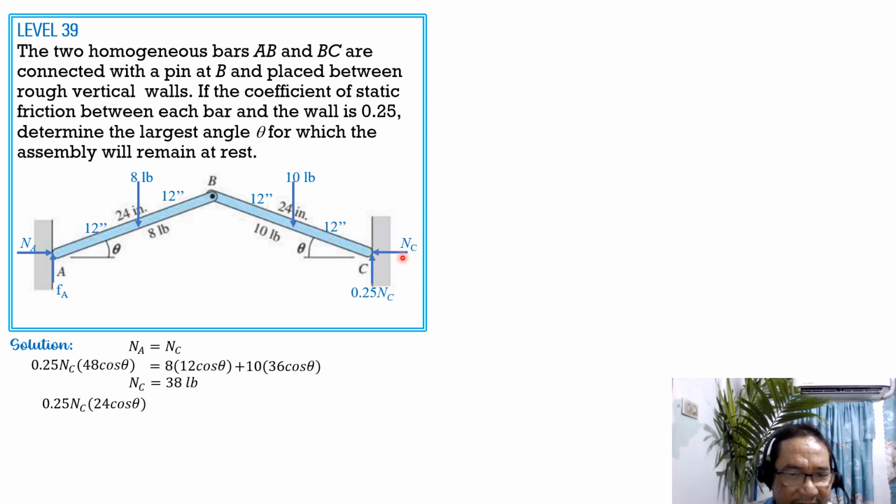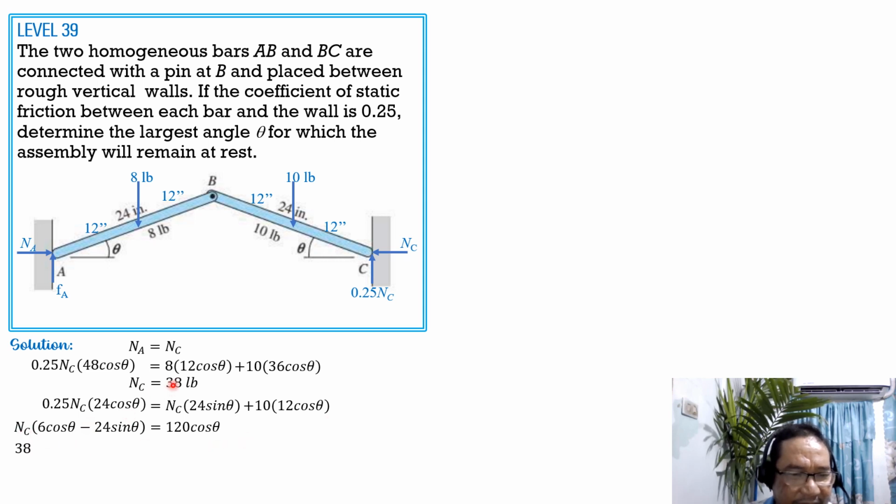So N sub C times 24 sine theta, then plus 10 times this moment arm, which is 12 cosine theta. So let's factor out N sub C. Then 0.25 times 24 is 6. So we have N sub C times quantity 6 cosine theta minus 24 sine theta equals 120 cosine theta.